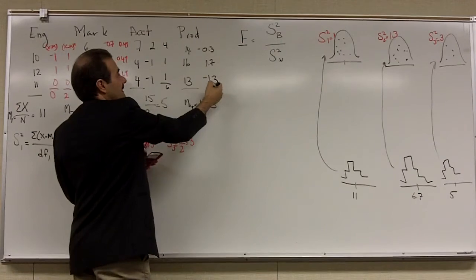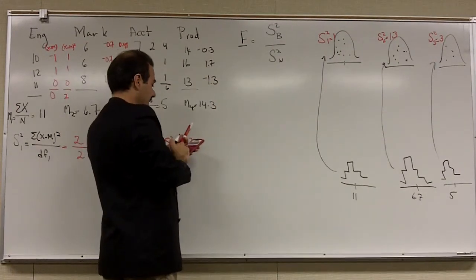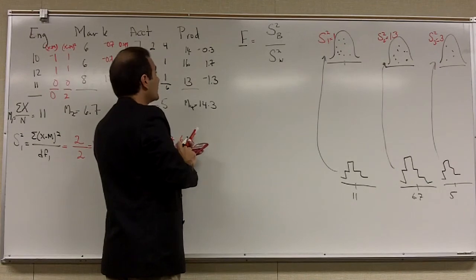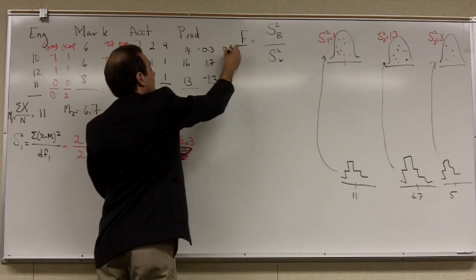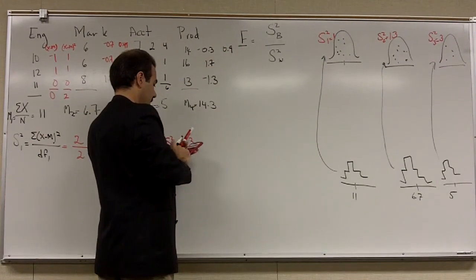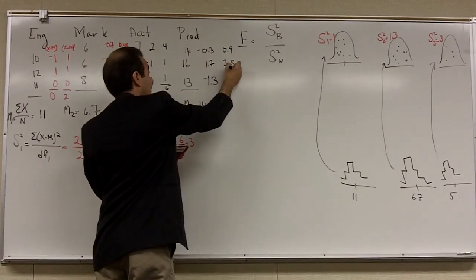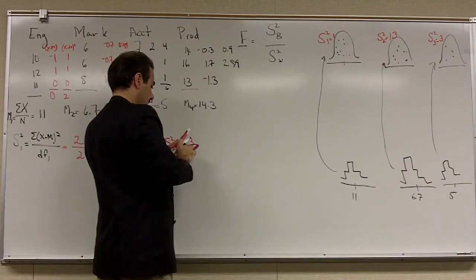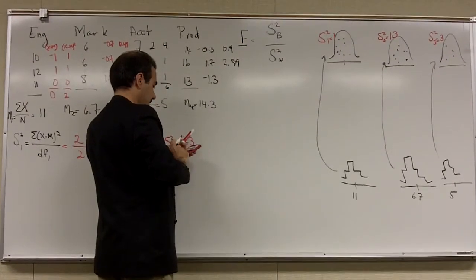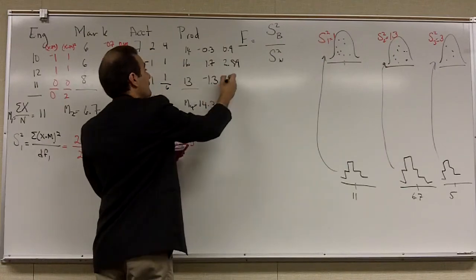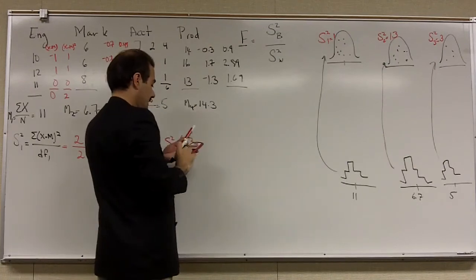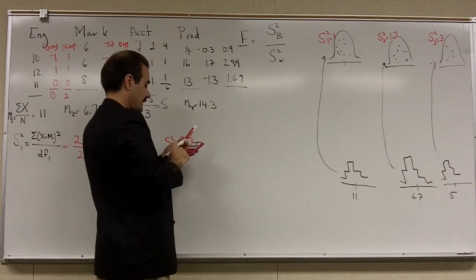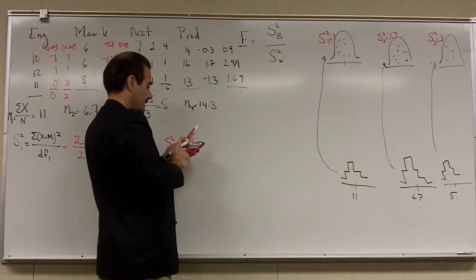So you add these. This comes approximately to 0. Then you square them. So we are looking at 0.09, 1.7 times 1.7 gives us 2.89, and then 1.3 times 1.3 gives us 1.69. Then the sum of squares of these is 1.69 plus 2.89 plus 0.9.